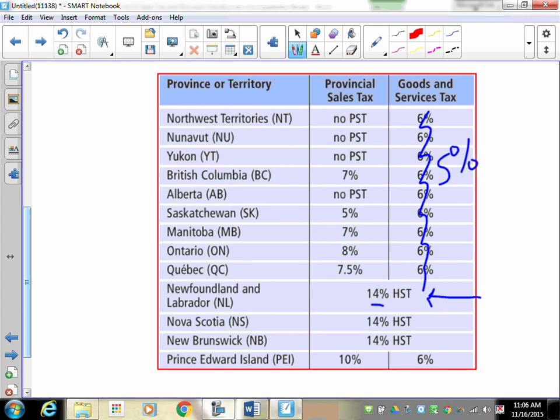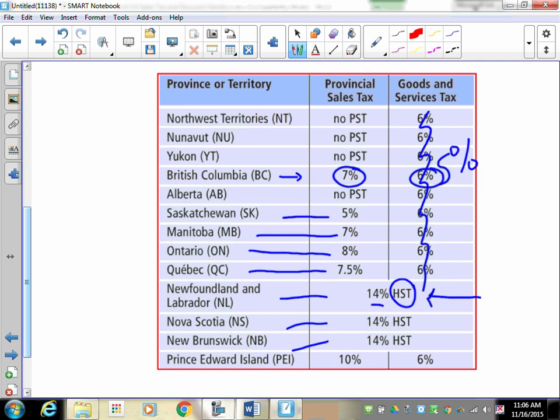Everybody else, you'll see here, British Columbia, they have a provincial sales tax as well as a GST. Saskatchewan, provincial. Manitoba, provincial. Ontario, Quebec, and I guess these ones also have it, but it's blended into the harmonized sales tax. And of course, PEI has 10% and then 6%.